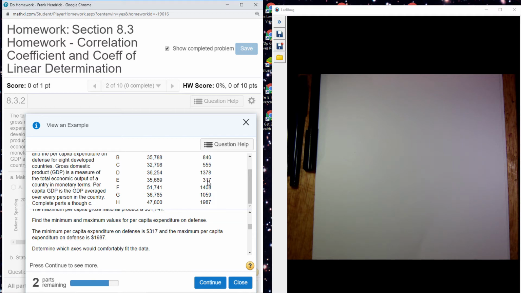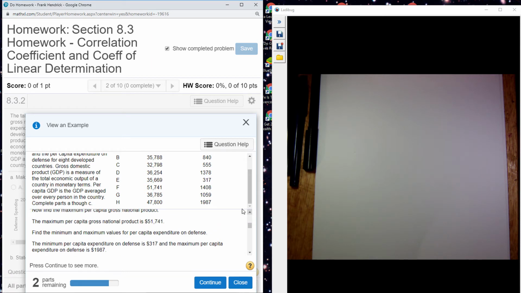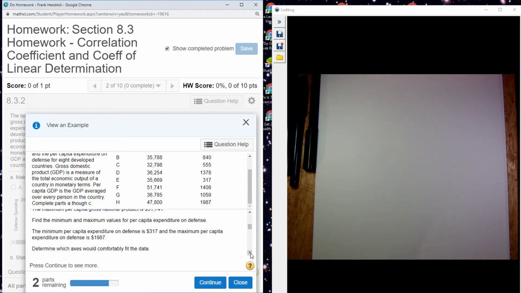Let's see here. The maximum being spent is $1,019.87 right there.